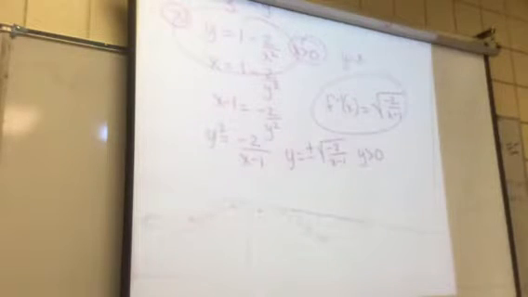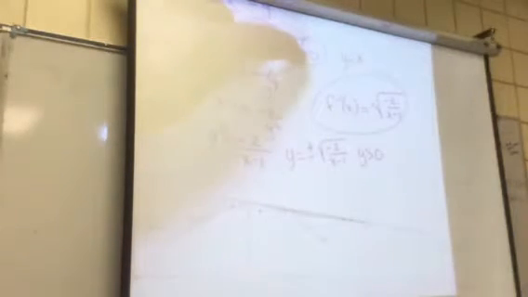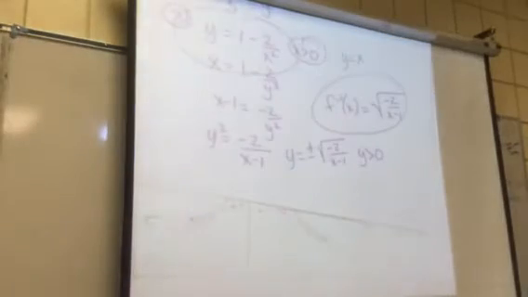Yeah, we could change our window, but if I change my window, well, let's try it and see. Does that domain necessarily have to match the domain of the inverse? So we just want to make sure we can see enough of the inverse once we restrict our domain that way. So that's a good suggestion. So go ahead and change your window. Let's go from 0 to 10, and we'll see if that works for us.